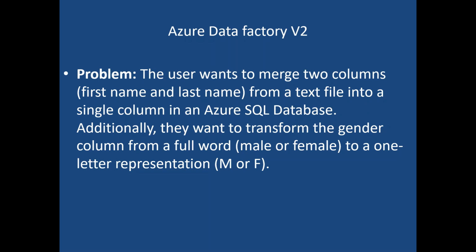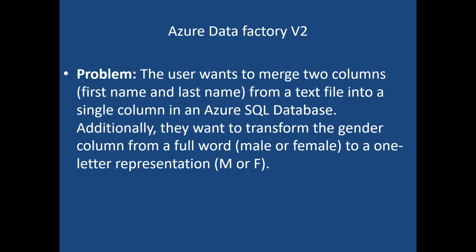The second requirement is the gender column: male or female. I want to load it into the SQL database as M if it is male, and F if it is female. I want to do all these transformations using a single copy activity. I am not using any data flows, and I am not using anything else. I am just using a single copy activity to achieve this.